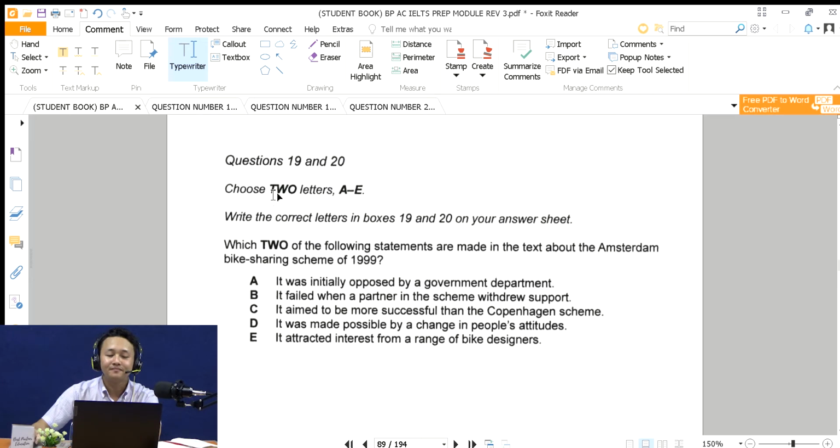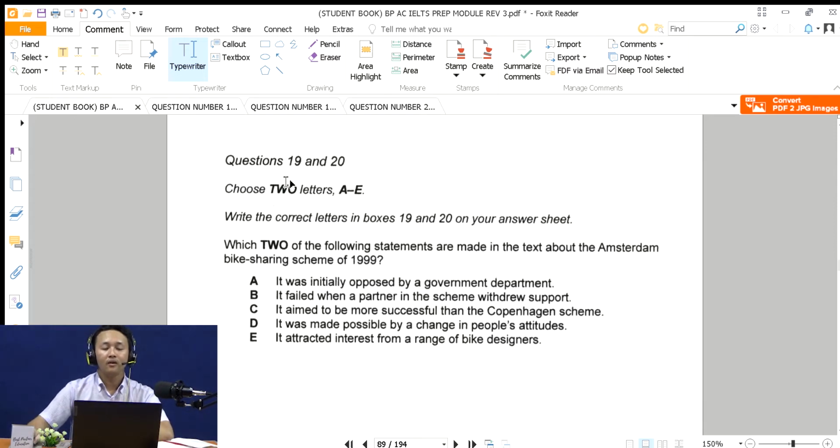It says choose two letters, A to E, and write the correct letters in boxes 19 and 20 on your answer sheet. So you only need to write the letters.